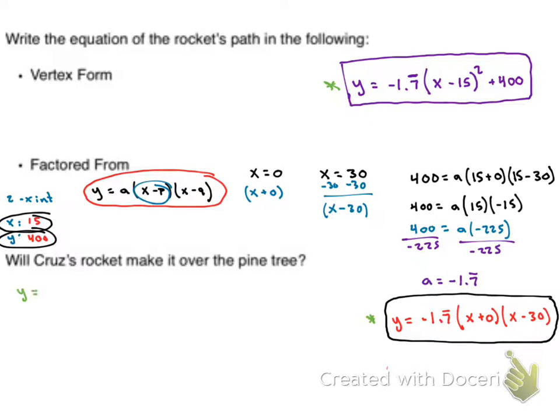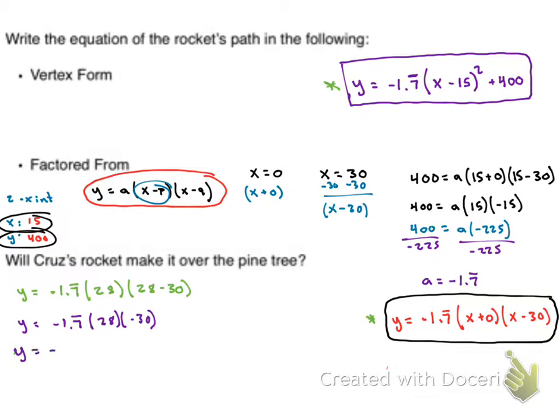So we have y equals negative 1.7 repeating times, for x we're plugging in 28, and then 28 minus 30, and let's simplify. You get y equals negative 1.7 repeating times 28 times negative 30. Negative 30 times 28 gives us negative 840.